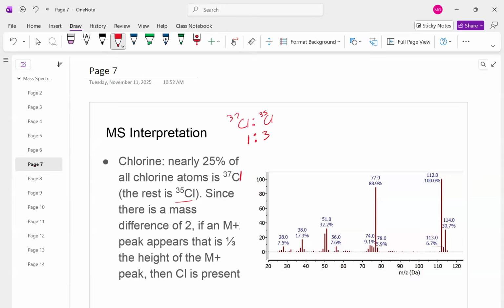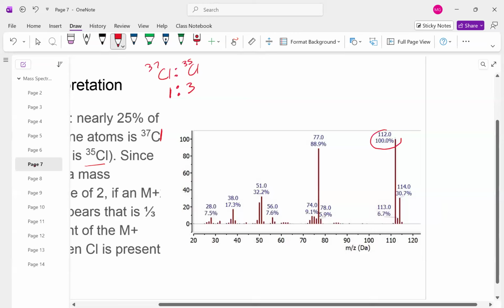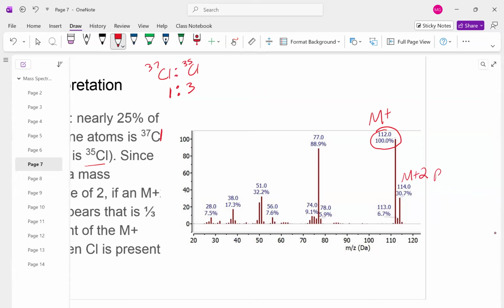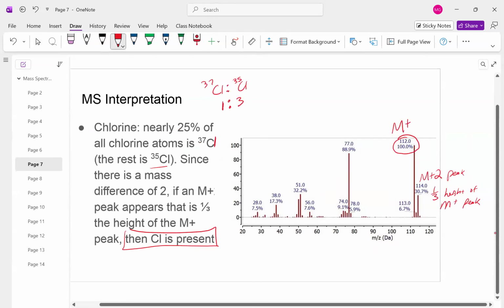And so if you look at your molecular ion and then you see two units away another peak that's about a third of the height, here's our molecular ion here, and two units away at 114, there's what we call an M+2 peak. And that M+2 peak is 1/3 the height of the M peak. And what that basically tells you is that chlorine is present in your molecule.